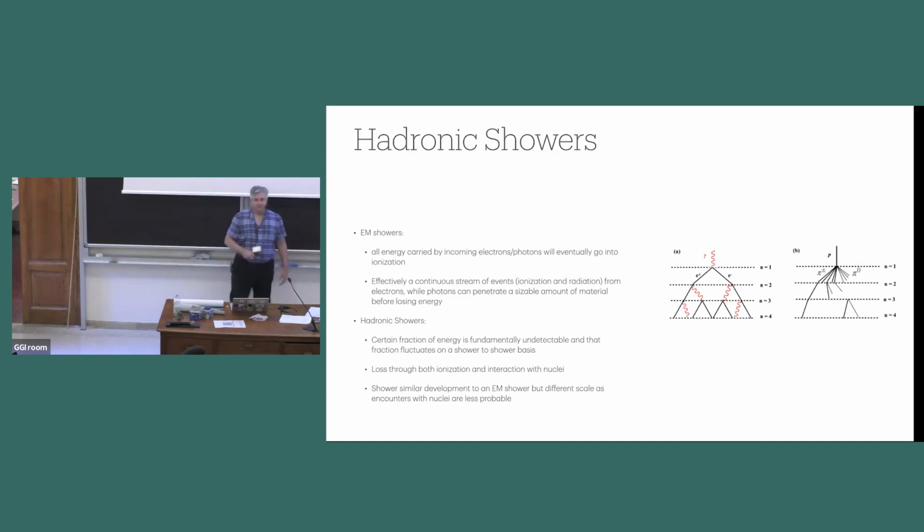So that's going to lead to fluctuations in what we can measure and what our resolution is going to be in measuring those showers. We also have loss through ionization and interaction with the nuclei, and we also have inbuilt with them a shower development that is similar to the EM shower, but on a different scale, because the probability of interacting with the nuclei for the strong interactions is less, just because there's more distance between the nuclei as you go through the material.